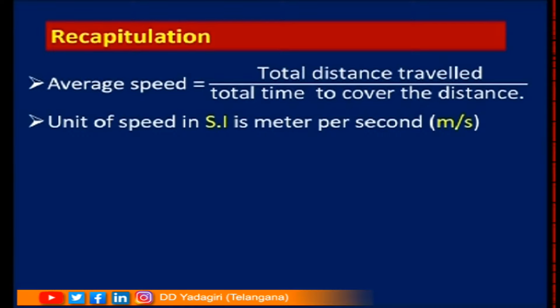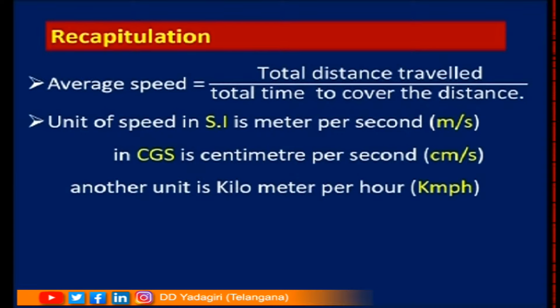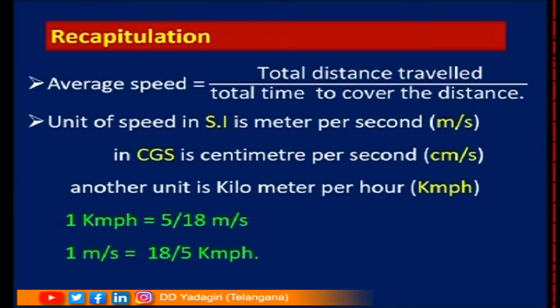The unit of speed in SI is meter per second, in CGS is centimeter per second, and there is another unit, kilometer per hour. 1 kilometer per hour is equal to 5 by 18 meter per second, and 1 meter per second is equal to, yes, the reciprocal, 18 by 5 kilometer per hour.